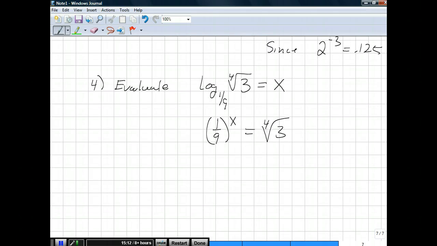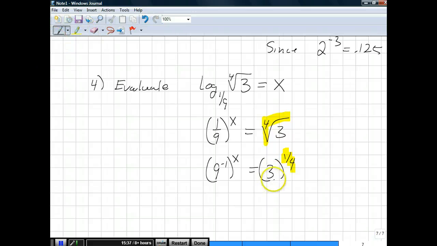Okay, now change everything into exponent form. So I'm going to write this as 9 to the negative 1 to the x equals 3 to the 1/4, because remember this radical can be written as a 1/4 power.